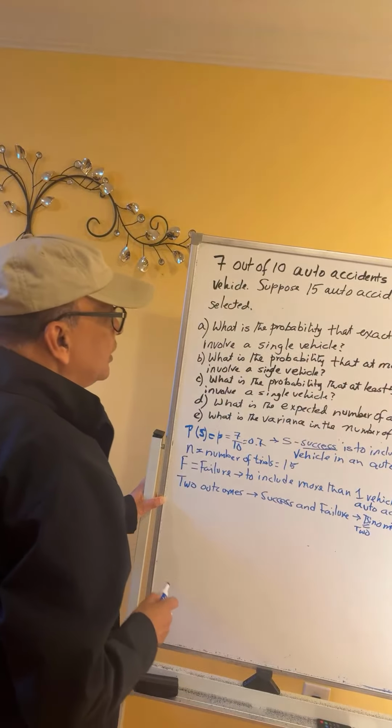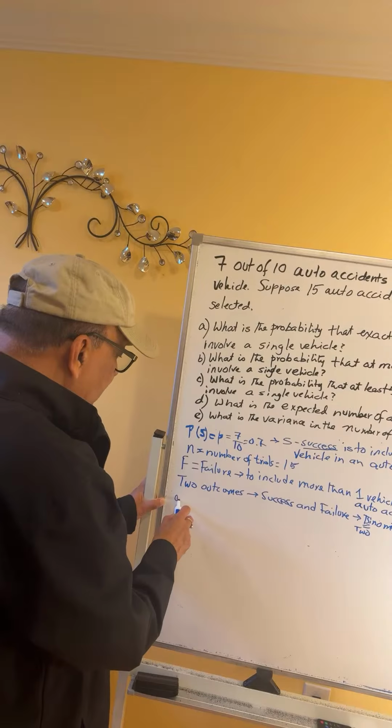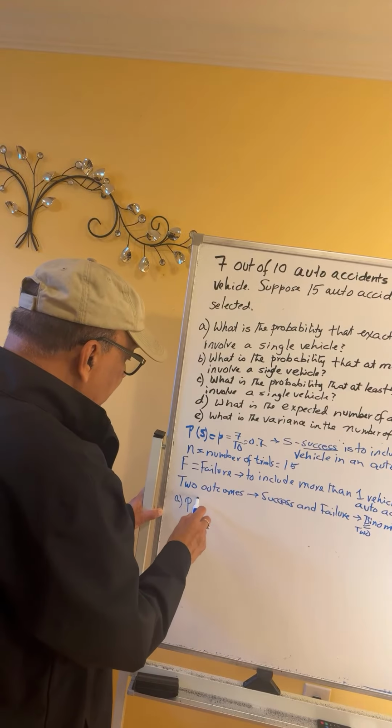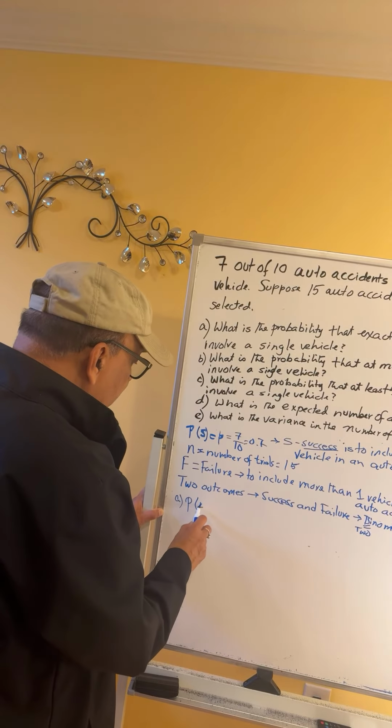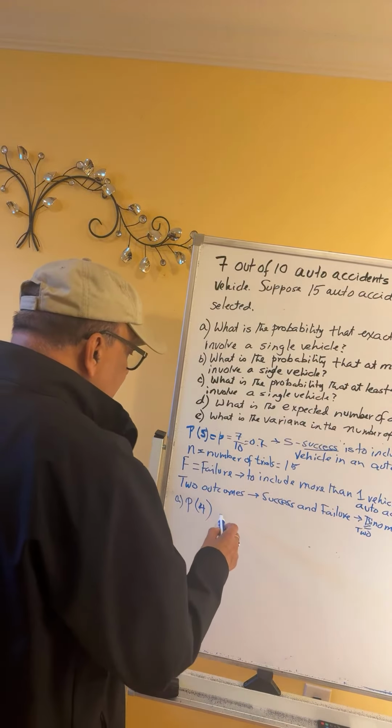And we want to find out the probability of exactly 4. For that, there is a formula, but we are going to use our calculator.